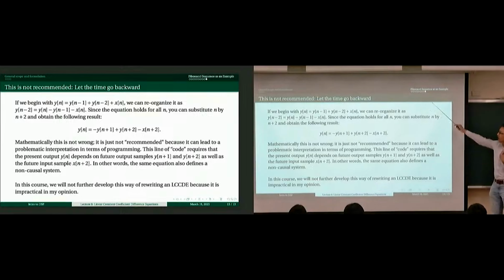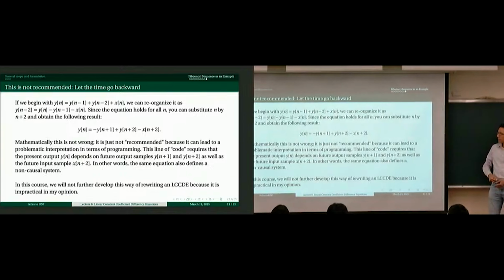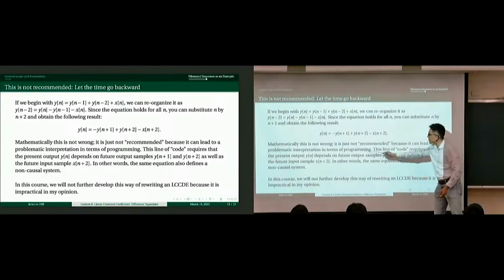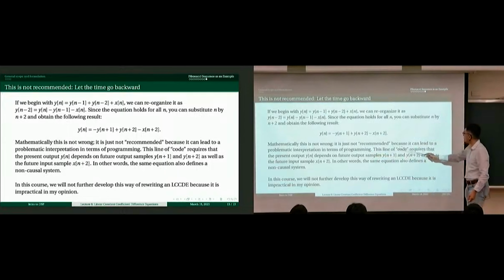And this is something that I do not recommend you to think further, okay? Because time just does not go backward. So mathematically, there's nothing wrong, okay? It's just not recommended, because I think it can lead to a problematic interpretation in terms of programming, right?